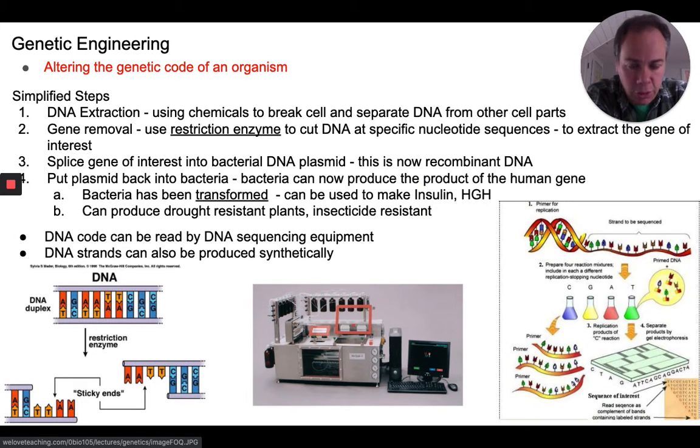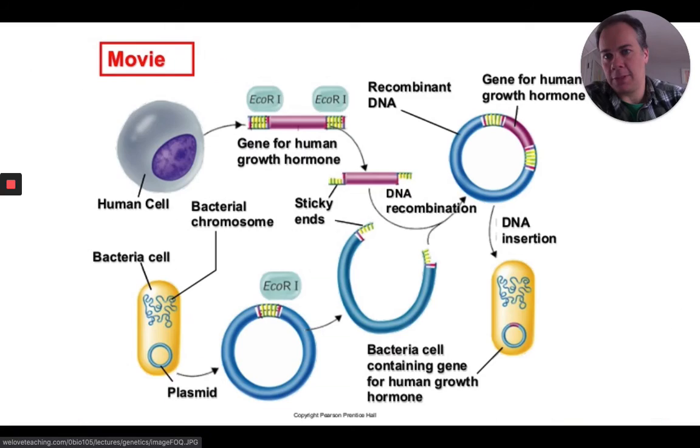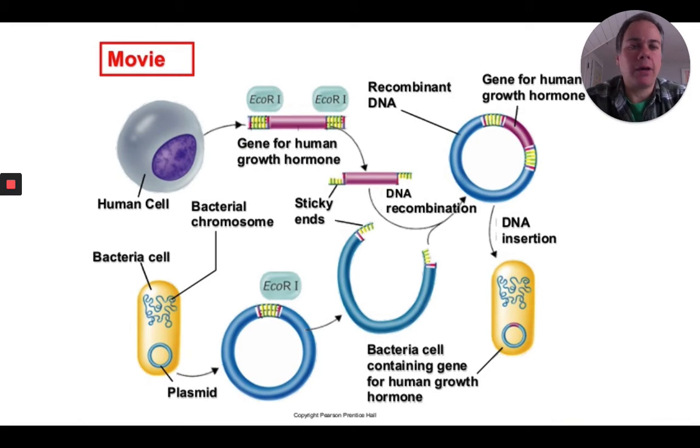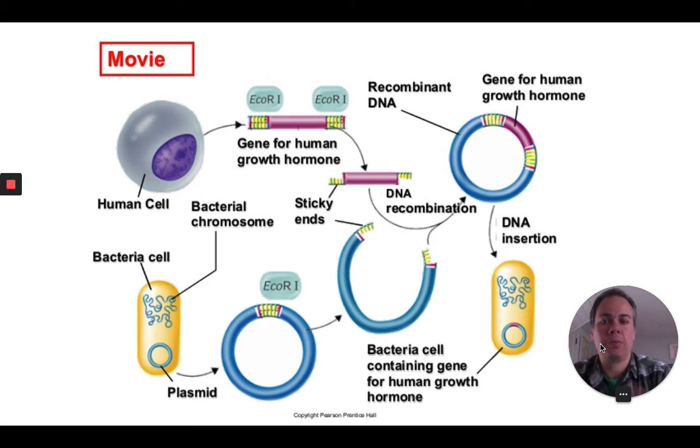Scientists can actually create DNA strands synthetically by attaching purposefully different bases in a specific order. So this diagram basically shows a pictorial way of how humans produce proteins using these genetically altered bacteria.